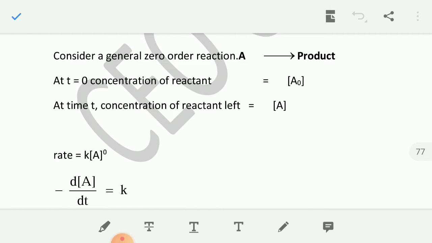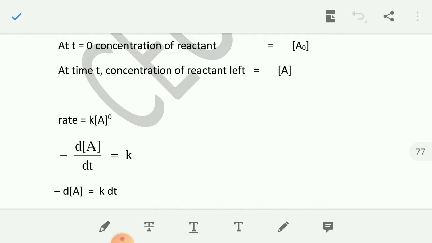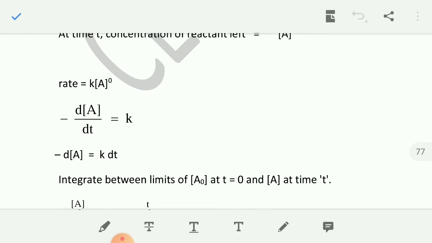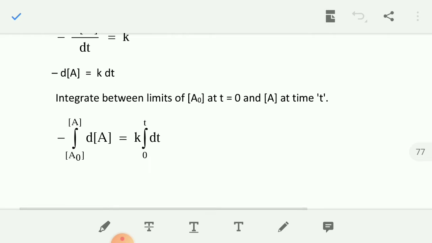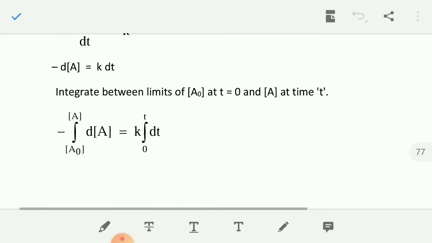So what is the rate of the reaction? Minus dA by dt equals k. So minus dA equals k dt. Integrate between the limits of a0 at t equals 0 and a at time t. So minus integral of dA between limits a0 to a equals k integral of dt.